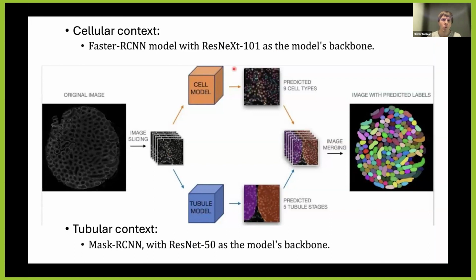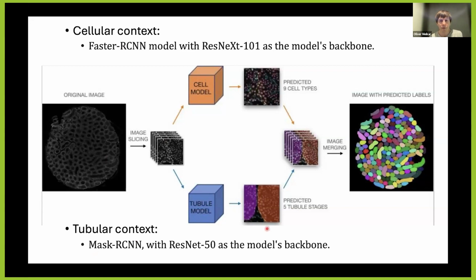And then for the cell classification and prediction, we used the Faster R-CNN model, which I guess you have seen on images recognizing cars on the street and so on. And then we trained on the cells, and on the tubular context, we used the Mask R-CNN to draw the masks also on top of them.